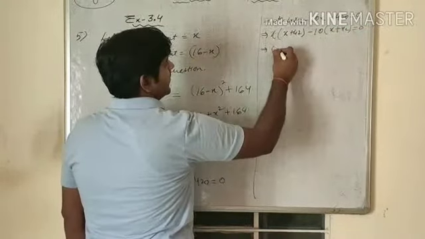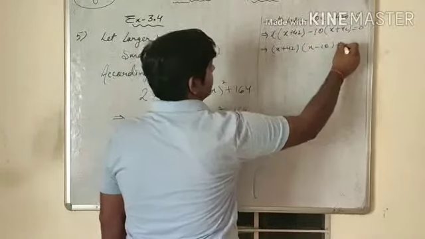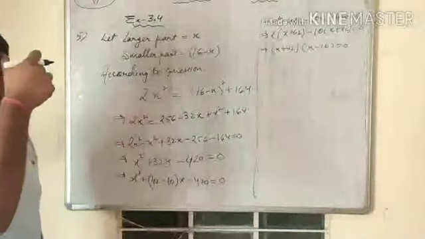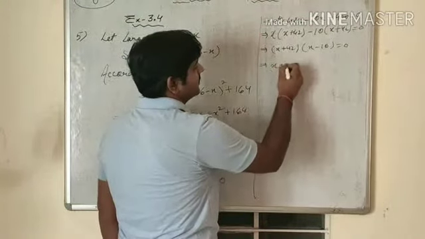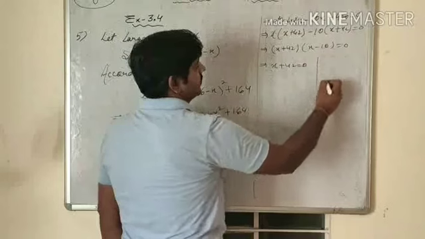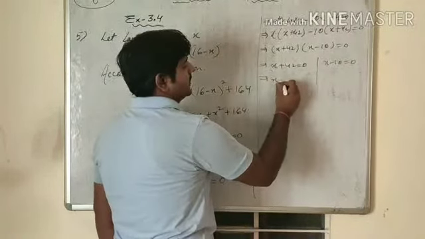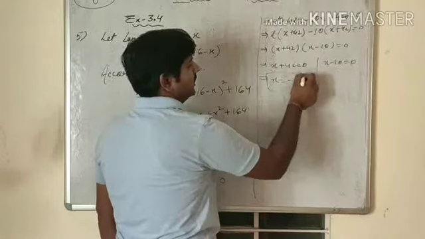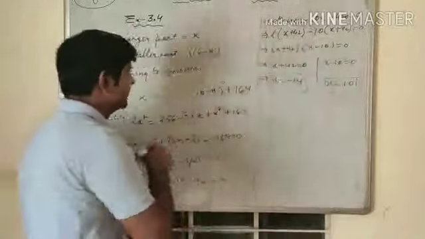Now this x plus 42 is taken outside, so x minus 10 is there. Now what to do? Just find the values of x. If x plus 42 equals 0 and x minus 10 equals 0, so x is minus 42, that we can't take, but x equals 10, that is possible to take.